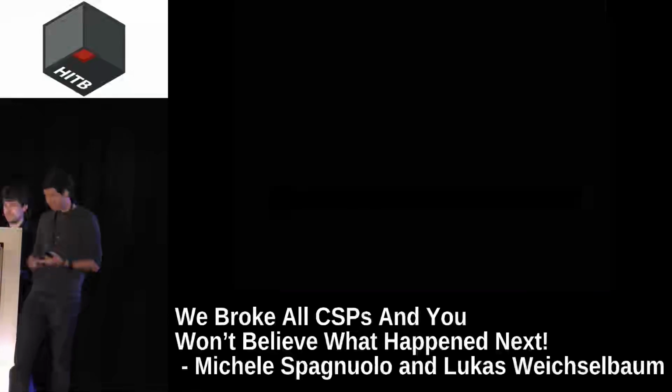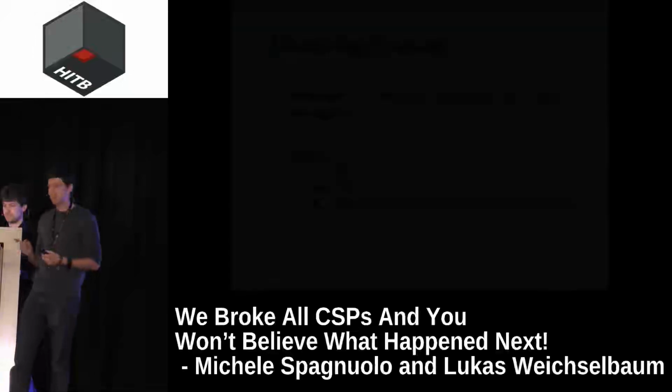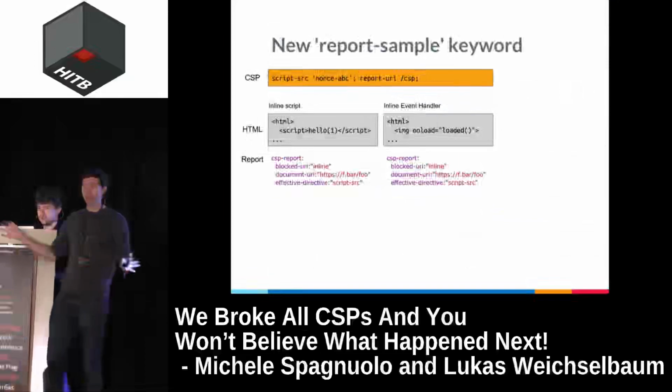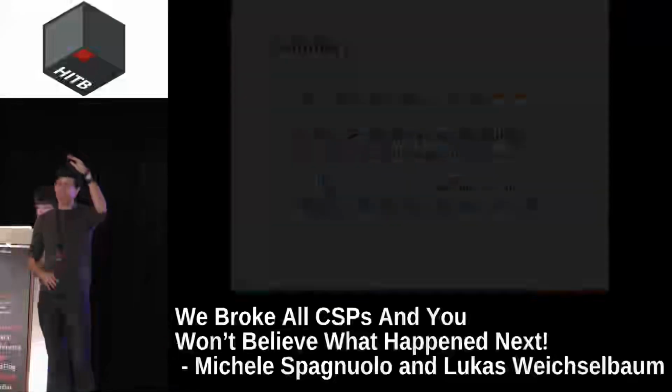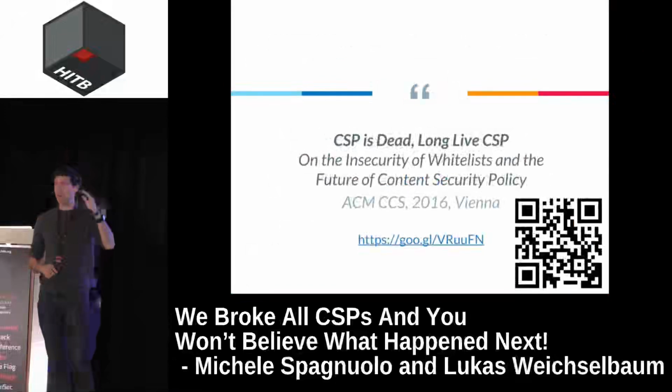So thanks for the question. First, the CSP validator is open source, so you actually can copy it and reuse it. It comes with a list of, I don't know, 100 or 500 most common whitelist bypasses we extracted from the search index.